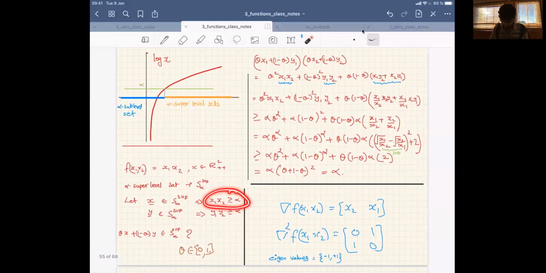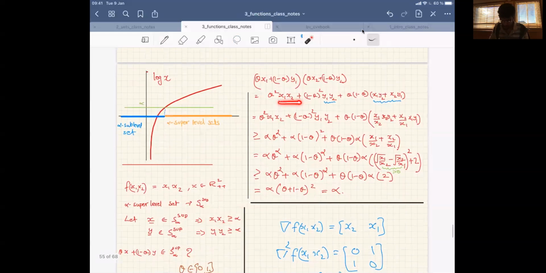We have x1, x2 here, and I can replace this with alpha, using the inequality. When you put alpha instead of x1 x2, you can use this inequality. Here also I am replacing y1 y2 with alpha. Here we have x2 y2, x1 y2. I am replacing them with alpha and taking alpha outside.